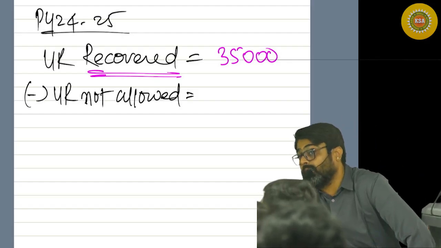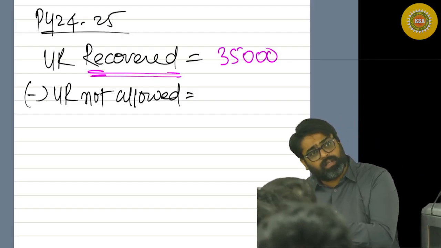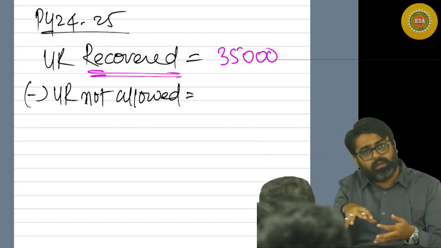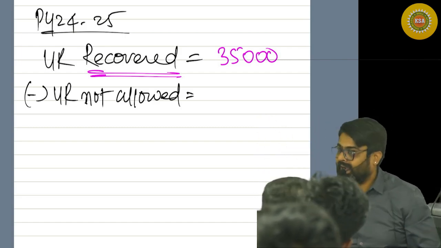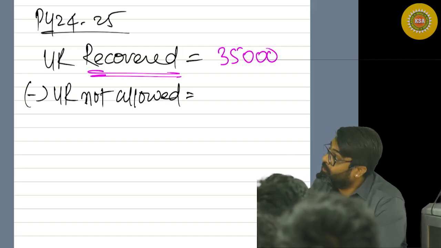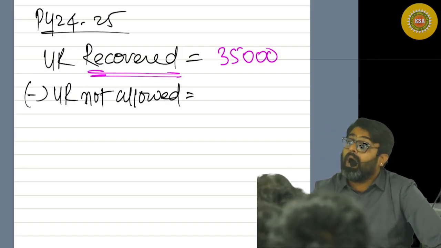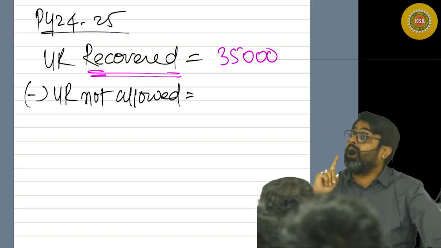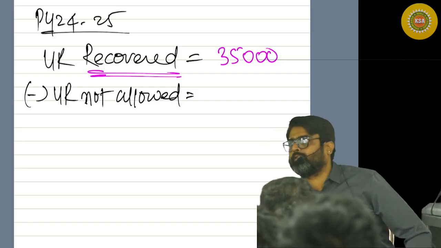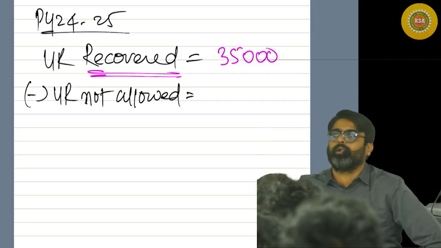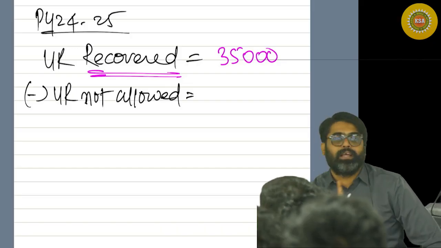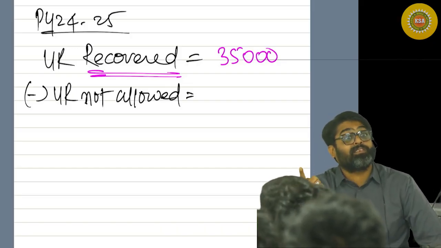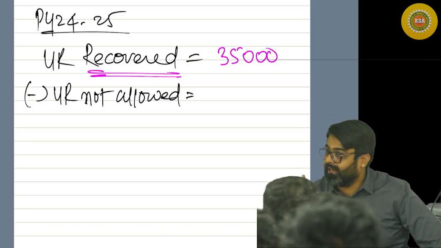Possible or not? Is it always necessary that the entire unrealized rent I will recover? Either I can recover the entire amount or part of that, yes or no? How much part have I recovered now? Out of this 35, on how much have I already paid tax? 35 minus 30. How much will be taxable? Only 5,000. Yes or no? But minus 30% standard deduction.